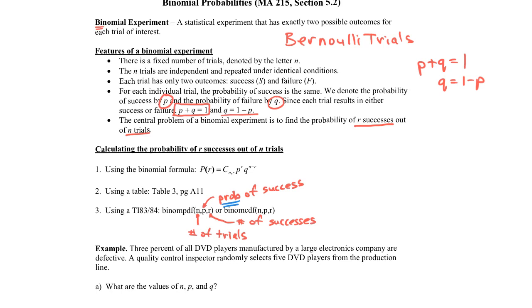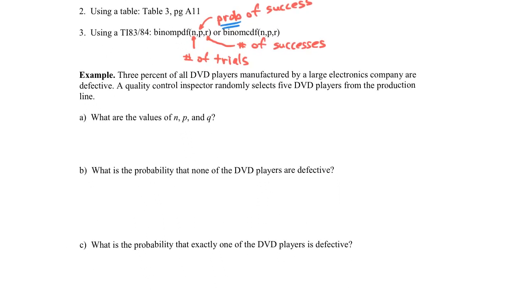NPR, it's the same for the binomial CDF. So, all right, let's get going on these, and I'll show you how this works. It'll make more sense if we do some examples, and I can show you exactly how the command works.